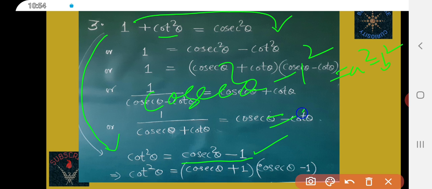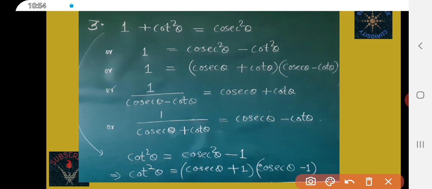So you can write (a plus b) into (a minus b). So here you can write cot square theta is equal to (cosec theta plus 1) into (cosec theta minus 1). So like this you can write these identities in different forms.